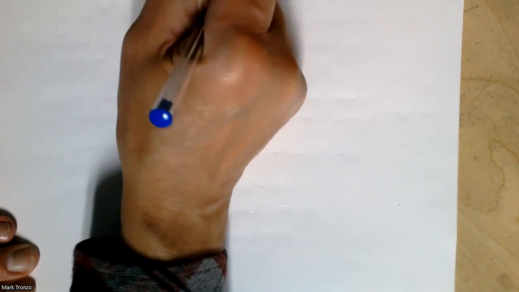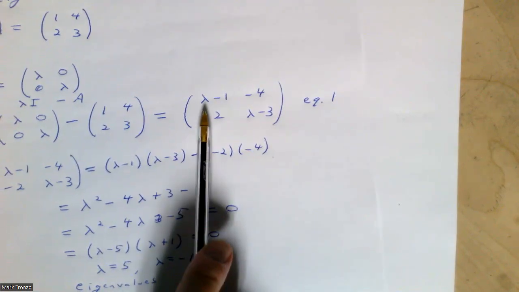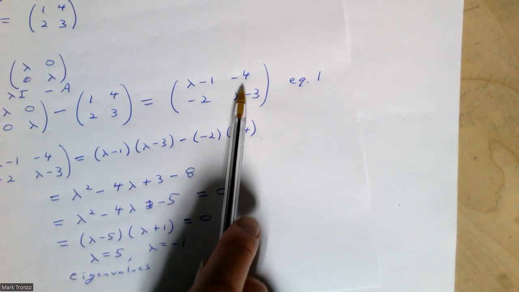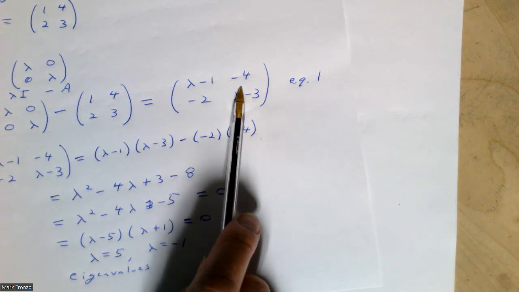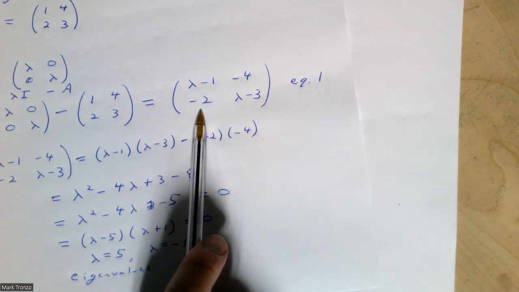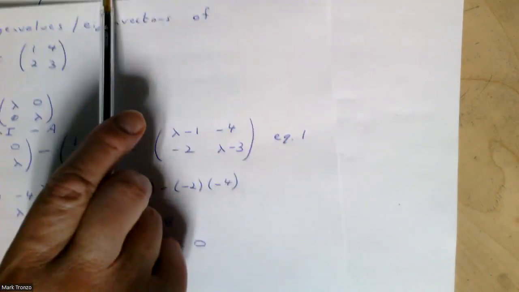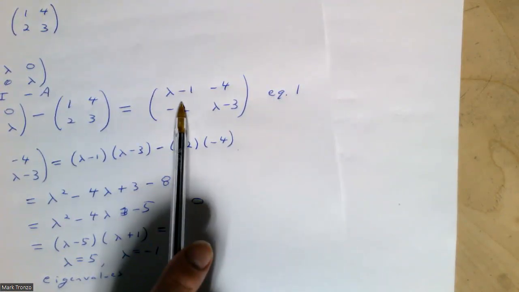Put minus 1 into equation 1. When we put that into equation 1, we're going to get minus 2, minus 4, minus 2, minus 4. So what I'm doing is putting lambda in here.